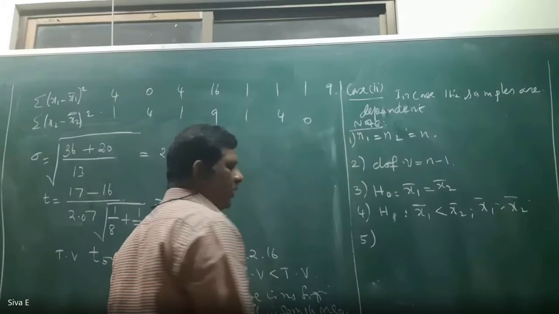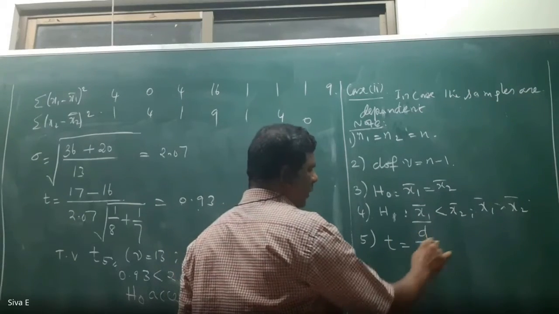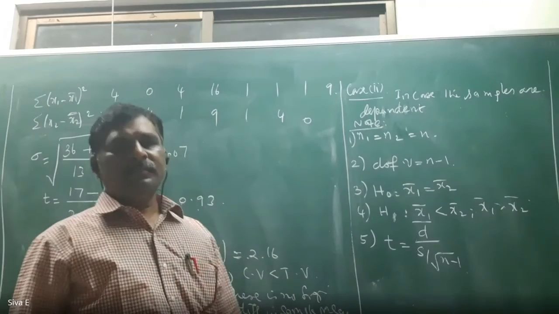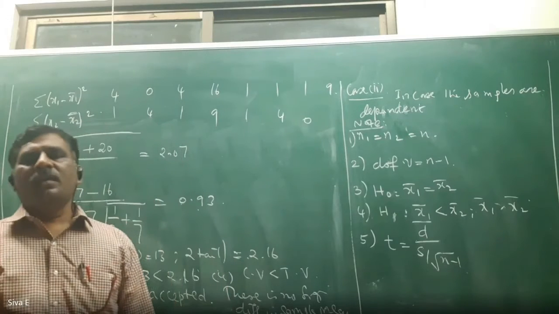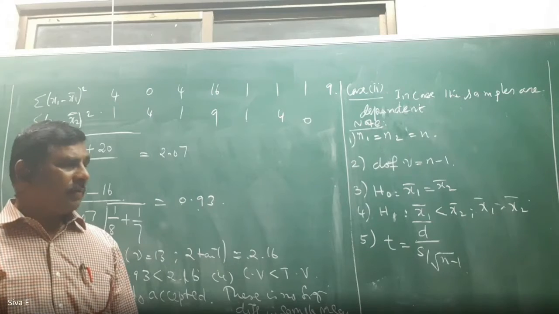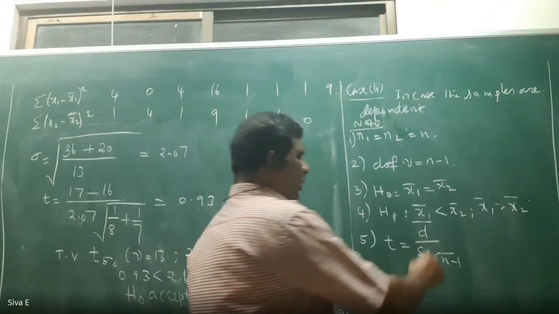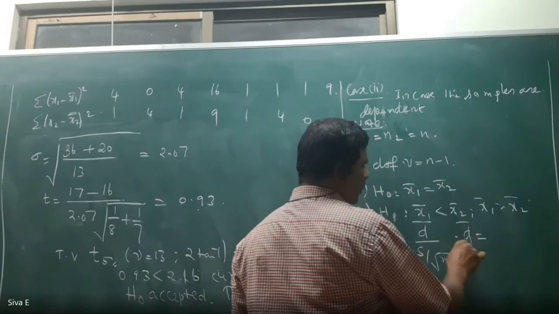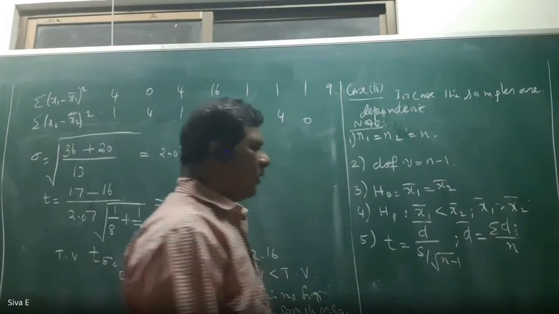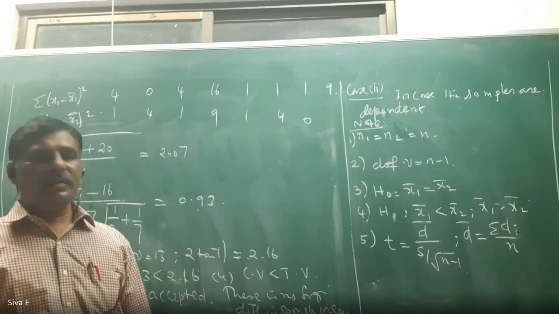Fifth point, test statistic T. T equal to d bar divided by s by root of n minus 1, where d bar is summation of di by n.